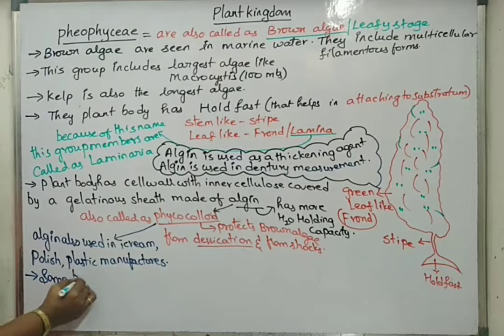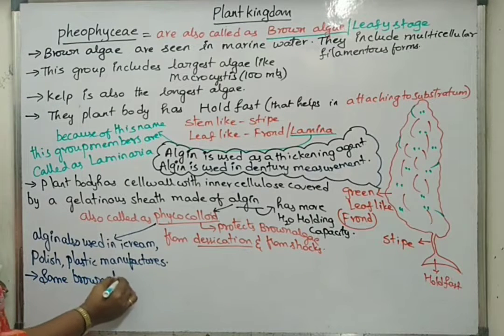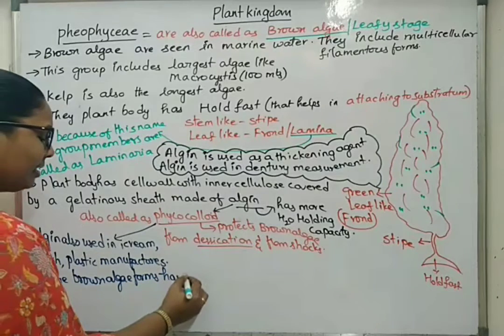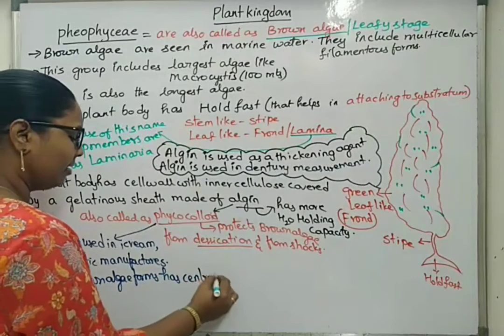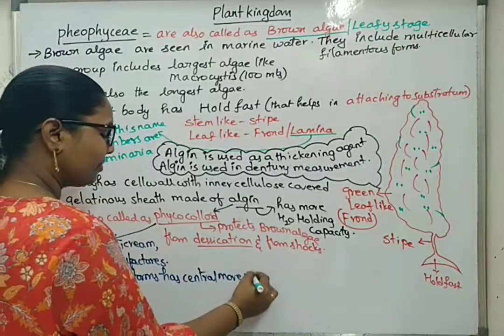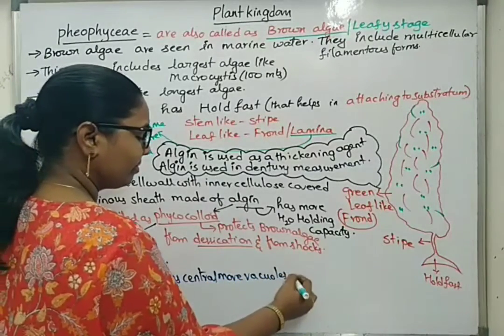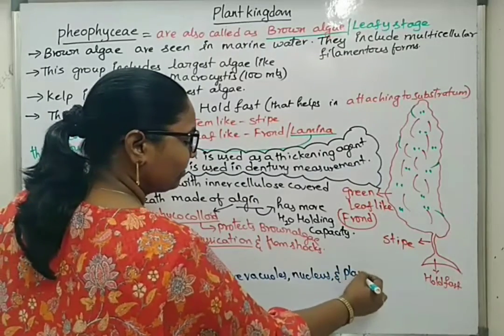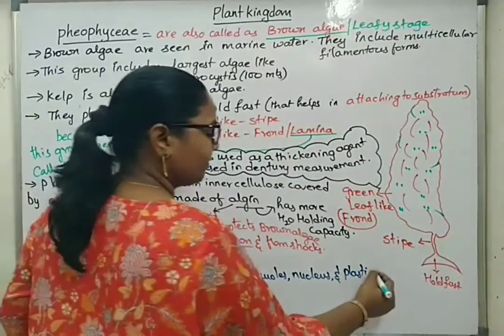Some brown algae forms have central vacuoles, nucleus and plastids in the protoplast.